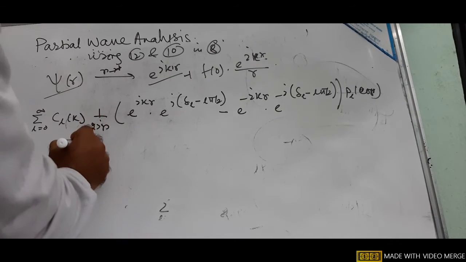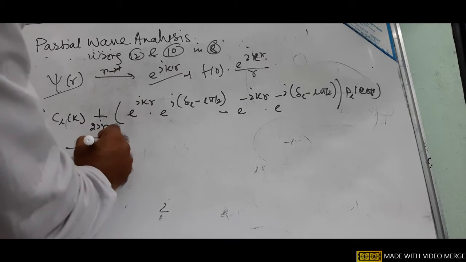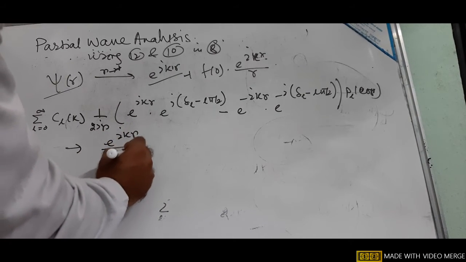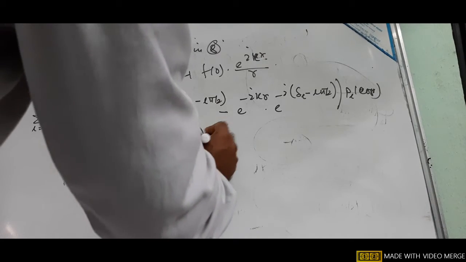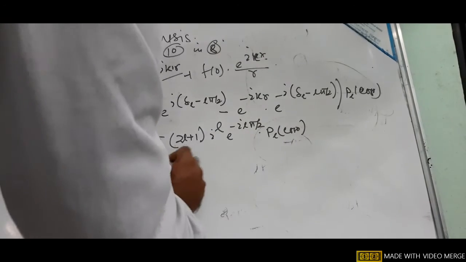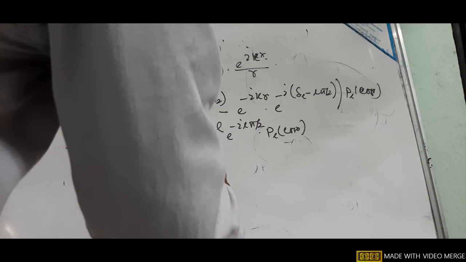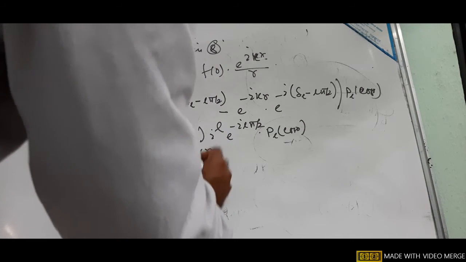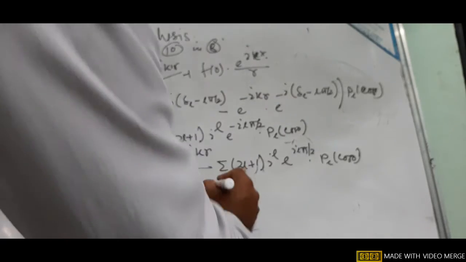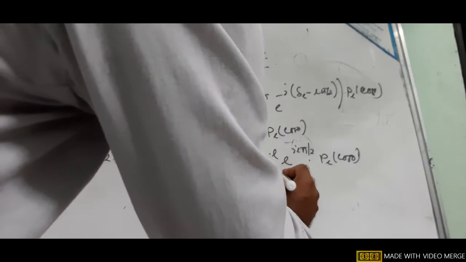This is our psi(r), which we write as e to the power ikr by 2ikr summation (2L+1) i to the power L e to the power minus iL pi by 2 into P_L(cos theta) minus e to the power minus ikr by r times 2ikr summation (2L+1) i to the power L e to the power iL pi by 2 into P_L(cos theta) plus f(theta) e to the power ikr by r.